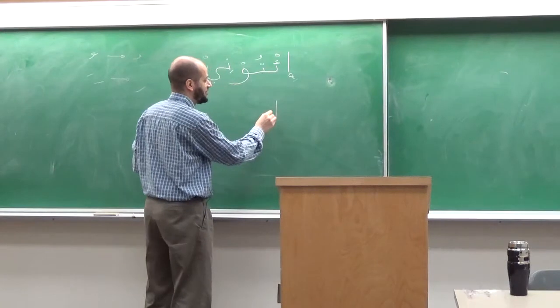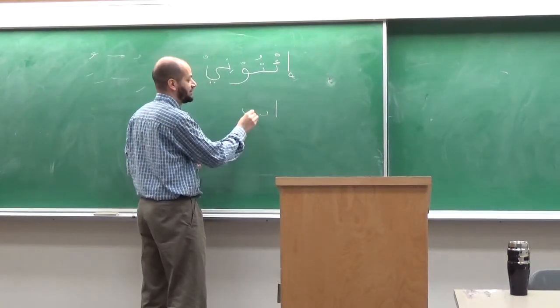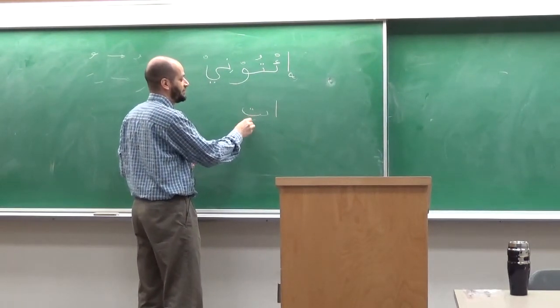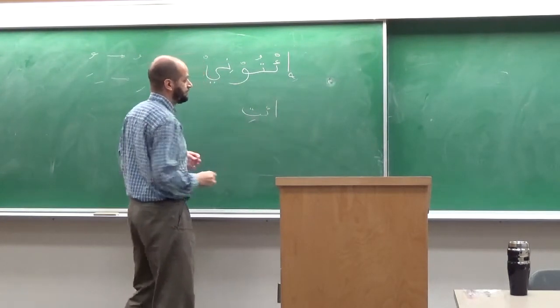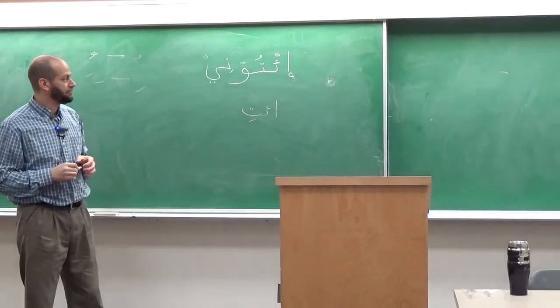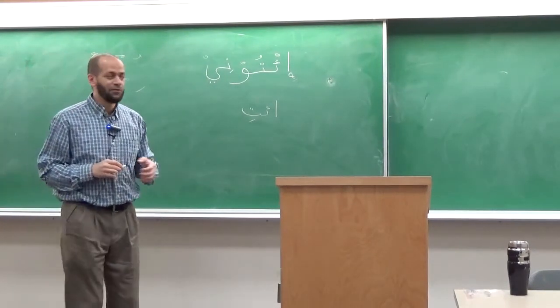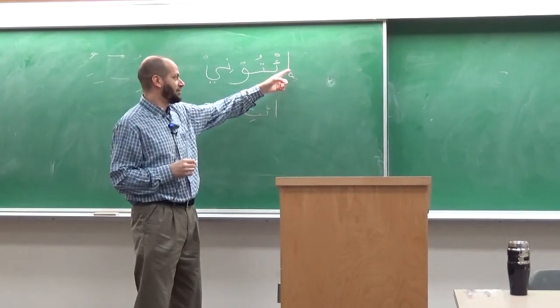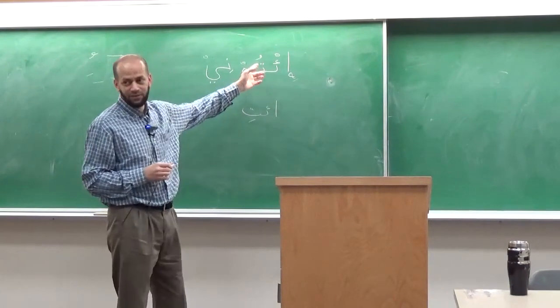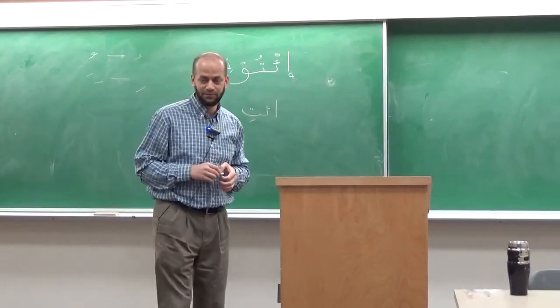Because initially it was supposed to be i'ti, something like this, or iti. So the dhamma is not original. To have a dhamma on Hamzatul Wasl, we have to have an original dhamma, right?